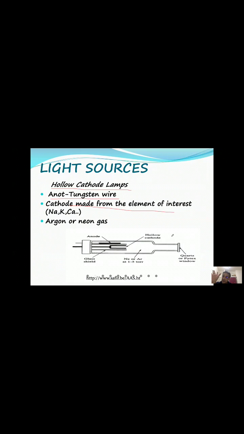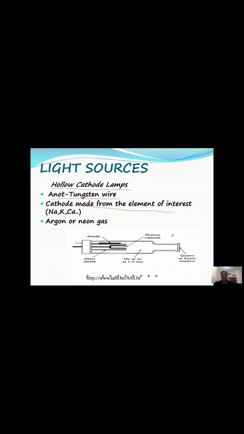Now this is one disadvantage. Suppose you want to analyze calcium, so the hollow cathode lamp should be made of calcium. Suppose you want to analyze cadmium, you have to make the hollow cathode lamp from cadmium only. So for each element you have to change the cathodes.